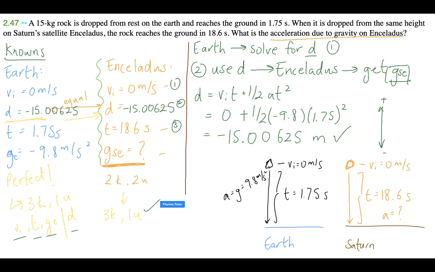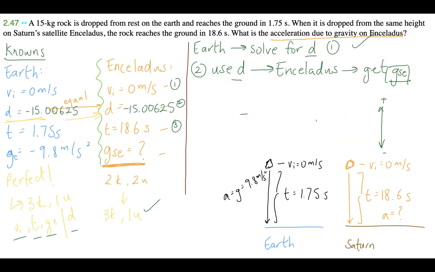And now we can just solve for GSE. So we solved for D, and now we can do part 2, right? So this was part 1, and I'm just going to go ahead and erase this. Now let's do part 2. Part 2, we just want GSE.